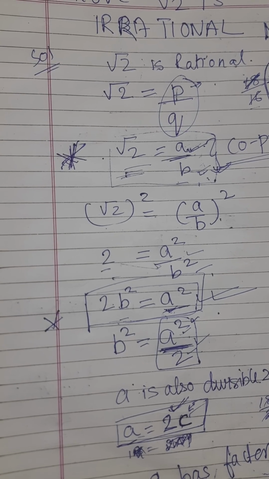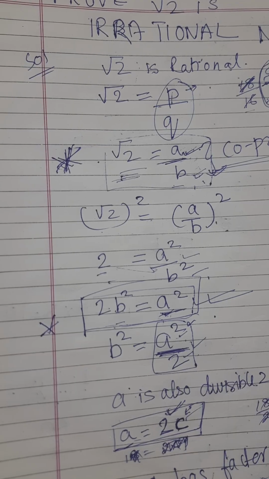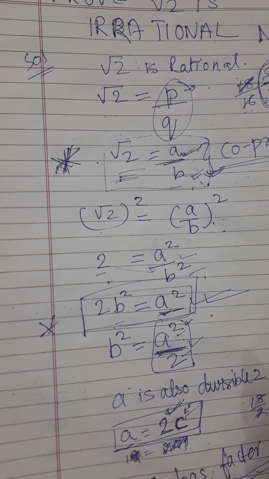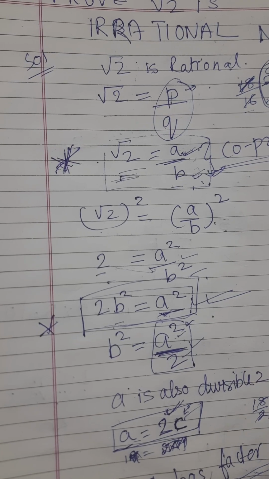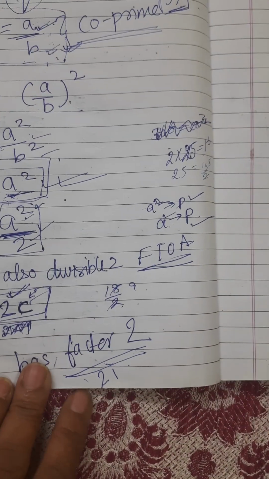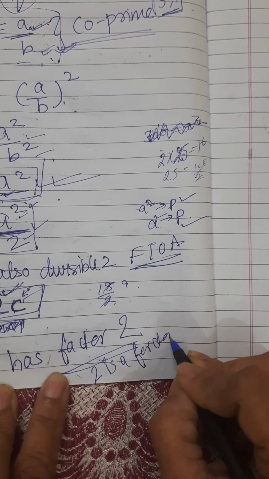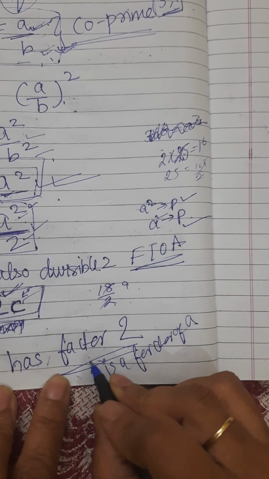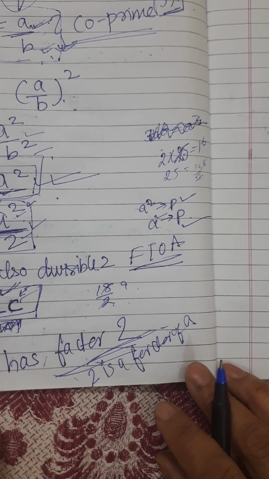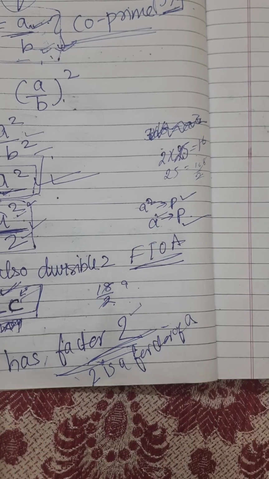That 2 is a factor of a, or a has factor 2. So this shows the first part, that a has the factor 2.